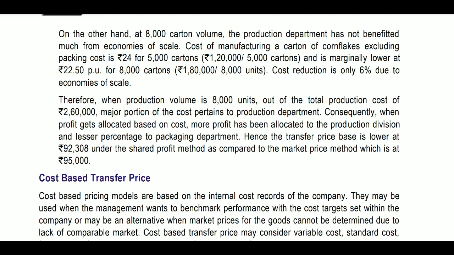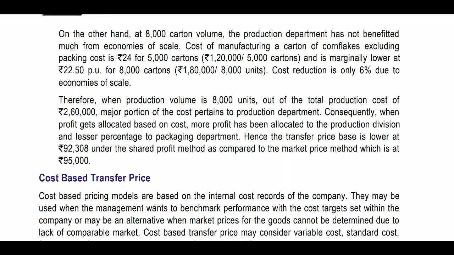The major portion of the cost pertains to the production department. Consequently, when profit is allocated based on cost, more profit is allocated to the production department and a lesser percentage to the packing department. So production will get more because it is a manufacturing unit, and packing will get less.